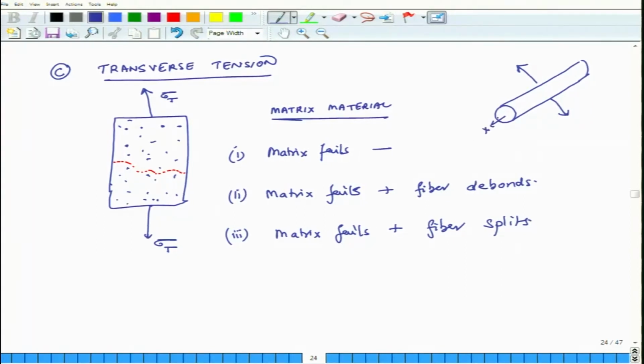So, let us call this x, and in the other direction let us call this y. If the strength of this fiber is not that high in the y direction, then it could split and this third scenario could happen. So, this is the third case related to different loads.